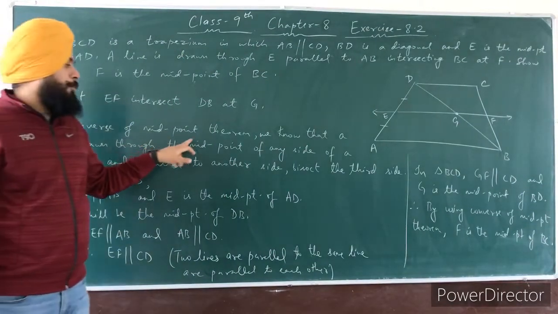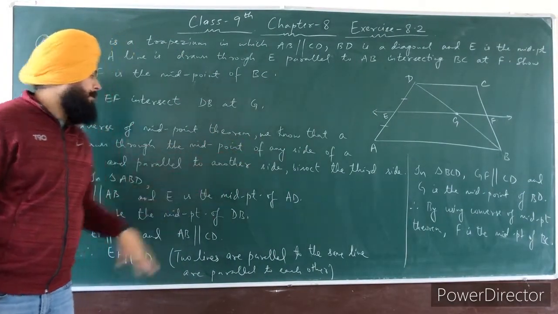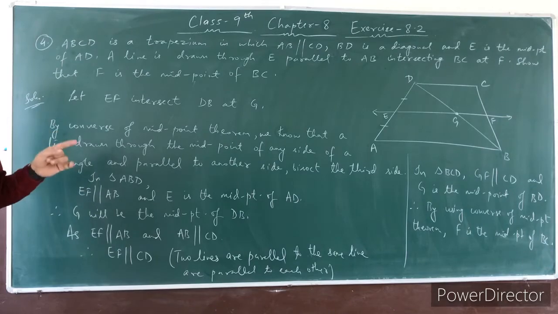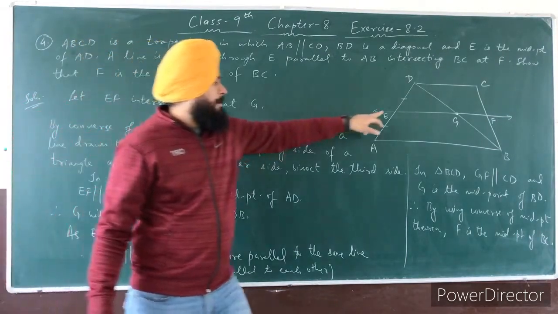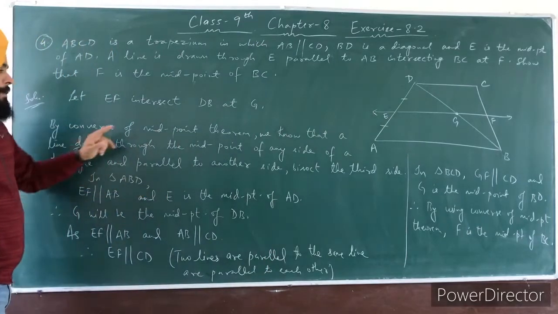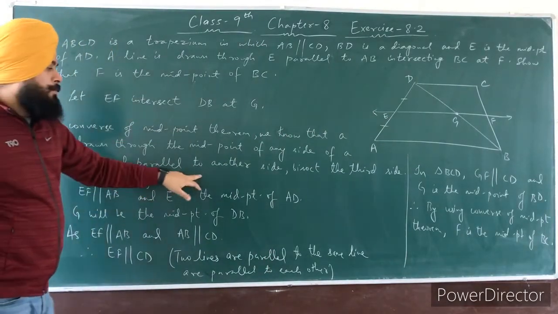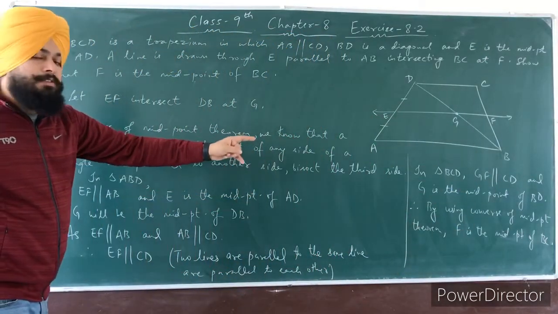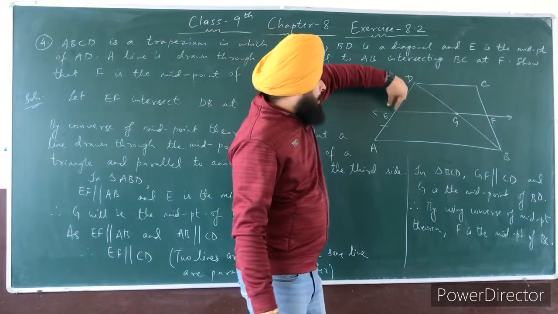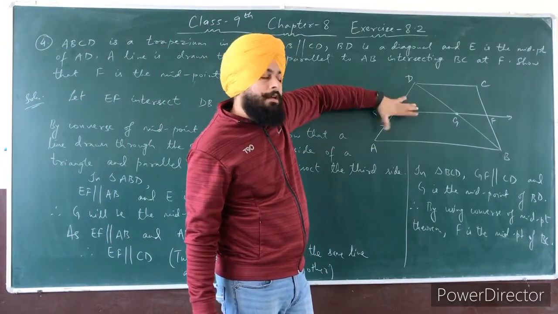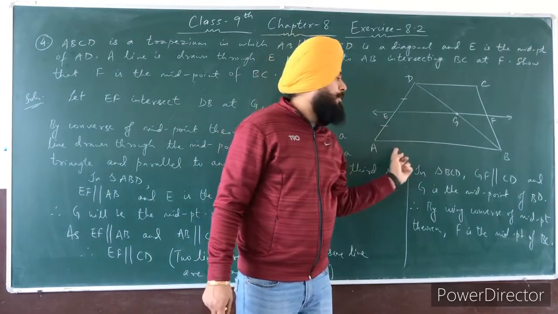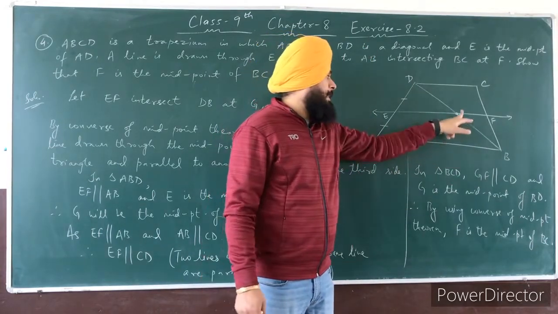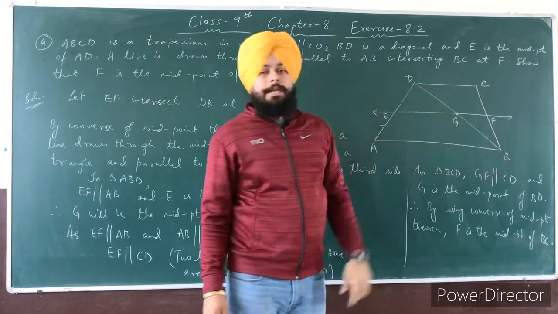So by the converse of the midpoint theorem, we know that if a line is drawn through the midpoint of one side of a triangle and is parallel to another side, then it bisects the third side also. So EG is parallel to AB and E is the midpoint of AD, then by the converse of the midpoint theorem, G is also the midpoint of side BD.